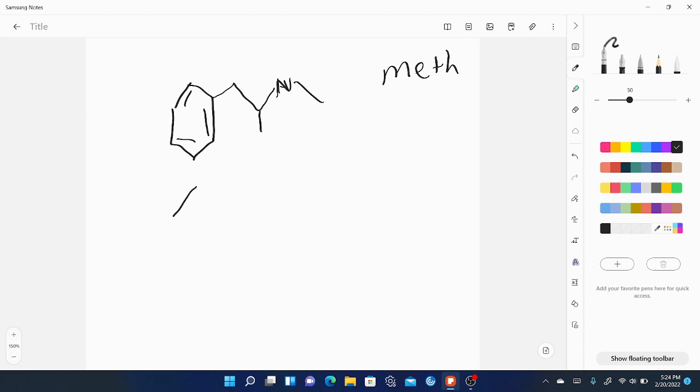Now, we know some compounds that have been released recently called ephedrine.